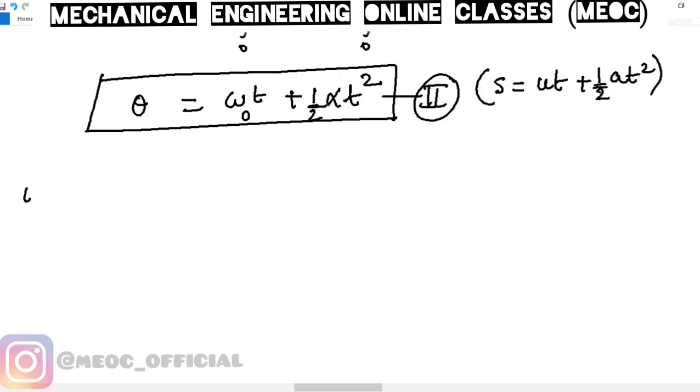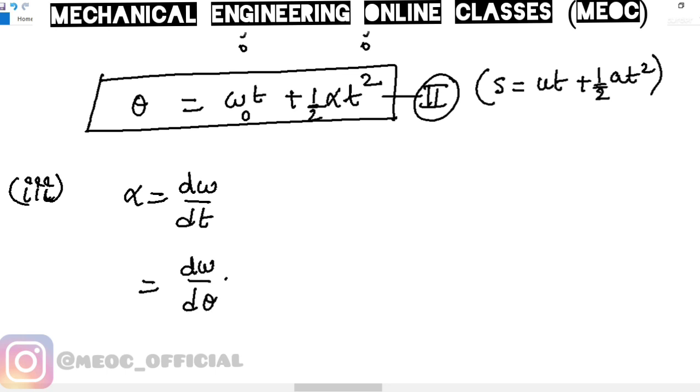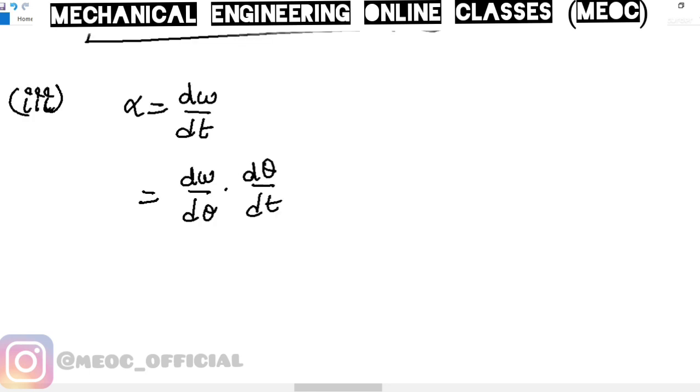Now let us try to formulate a new relation. We know alpha is d omega by dt. So this can be written as d omega by d theta into d theta by dt, which is nothing but alpha.